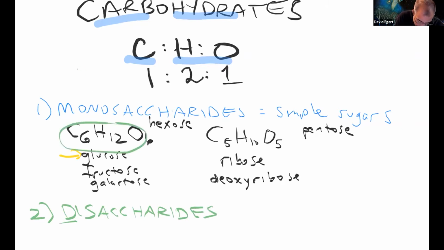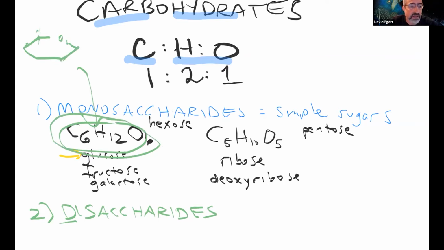When you look at one of these in solution, they make this ring form with an oxygen, so when I'm drawing my sloppy drawings of monosaccharides, I'll draw them as little rings. Disaccharides, you have 2 monosaccharides connected together.